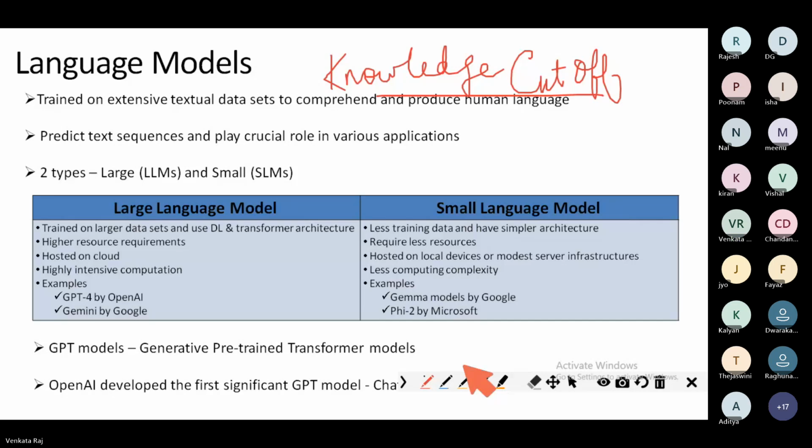Understood, everyone? We have trained the GPT models with some data, and if some event has occurred after that, the GPT model will not be aware of it because it is operating under that knowledge cutoff. It means the knowledge of that GPT model has been cut off till its training period.